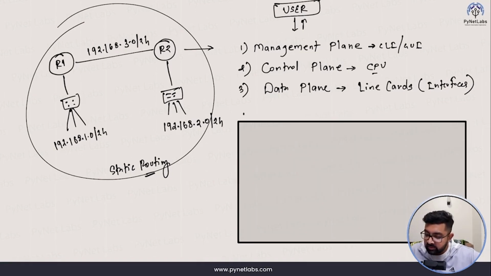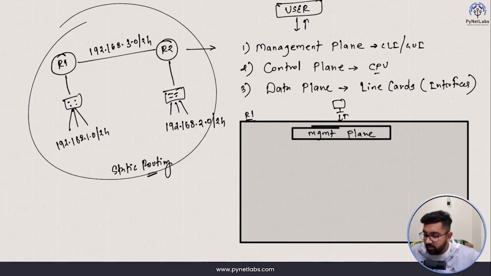and let's say this is your router 1. That router 1 has a small component called the management plane, and you sitting over here speaking with the management plane.